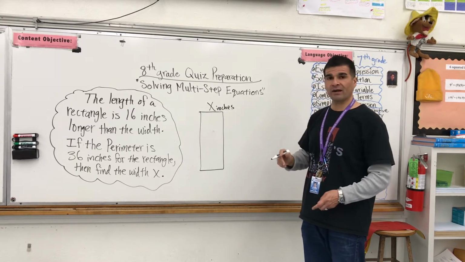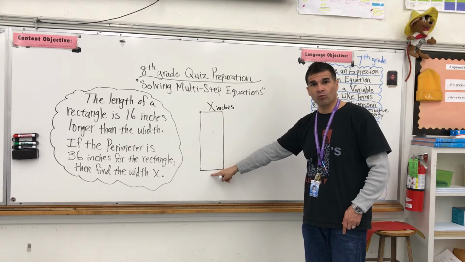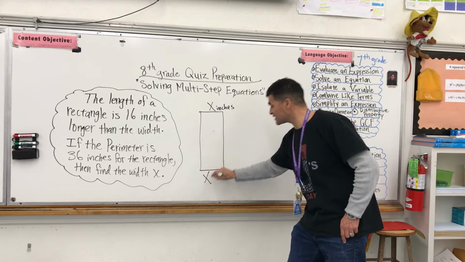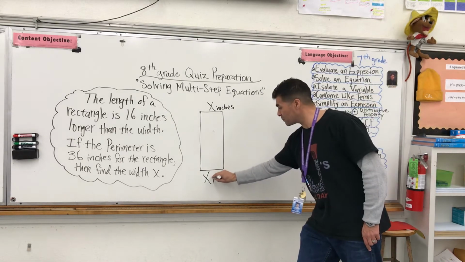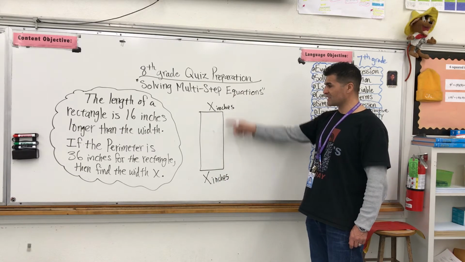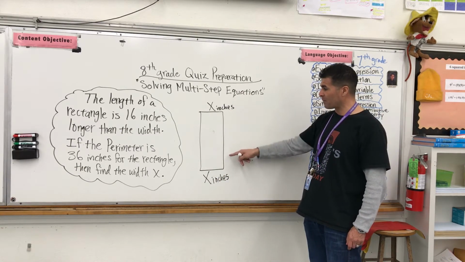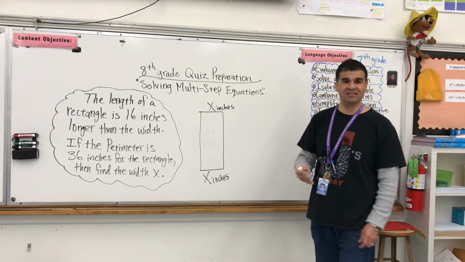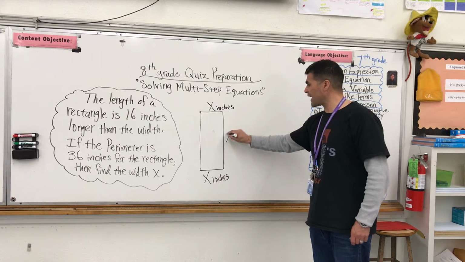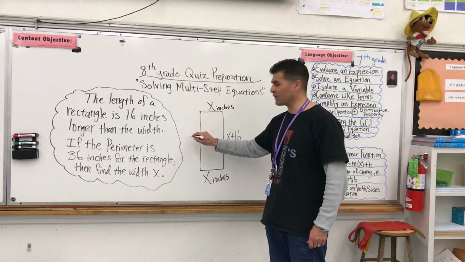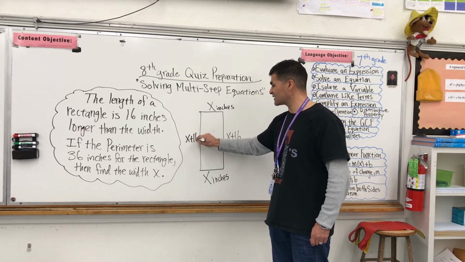The opposite sides of a rectangle must be the same width, so this bottom width must also be x inches. And the length from the top to the bottom is the inches for the width plus 16 more, so I'll put x plus 16. And of course, this left side must be x plus 16.